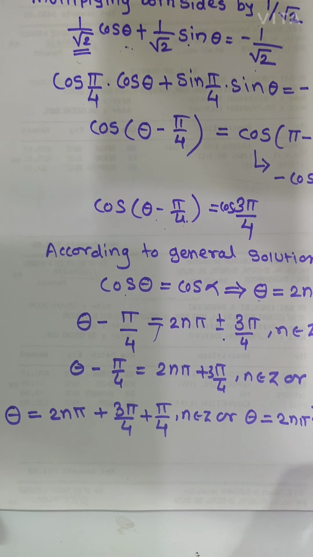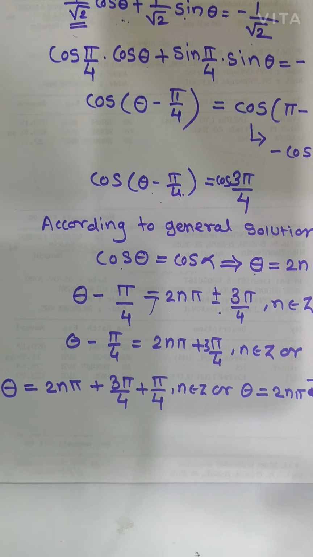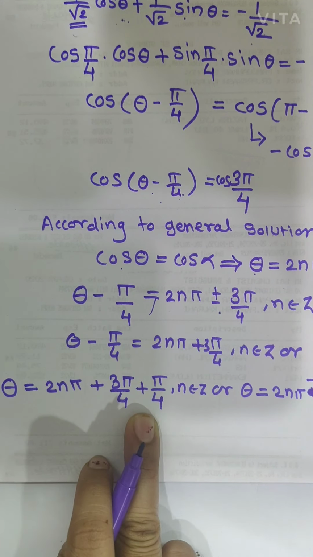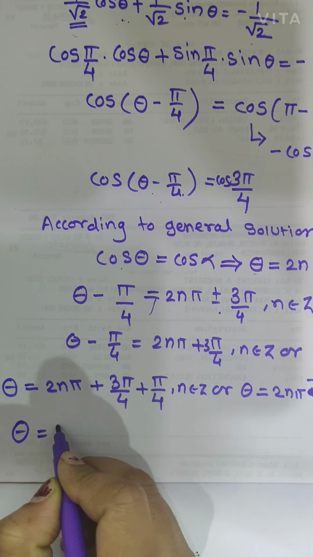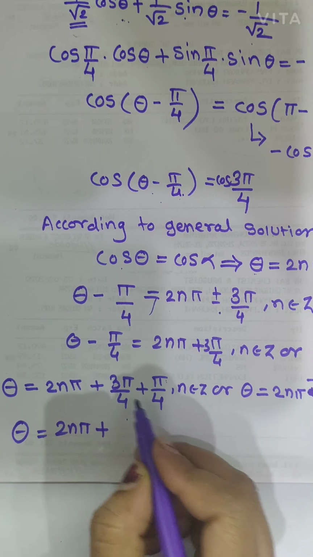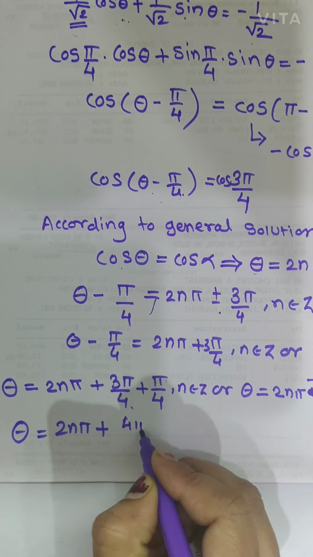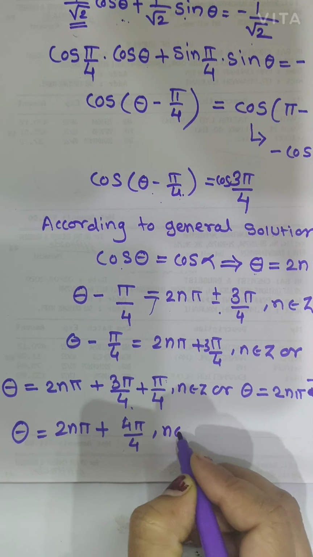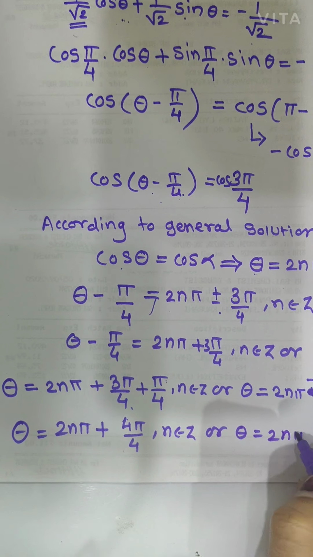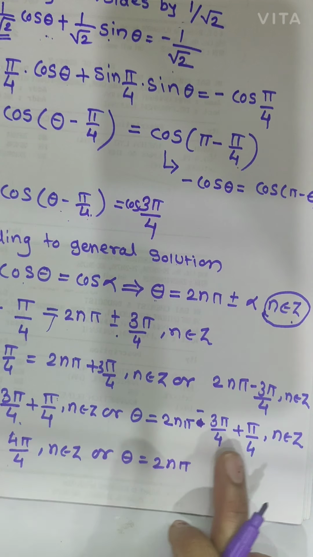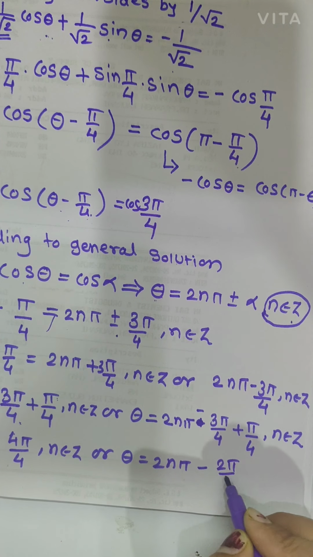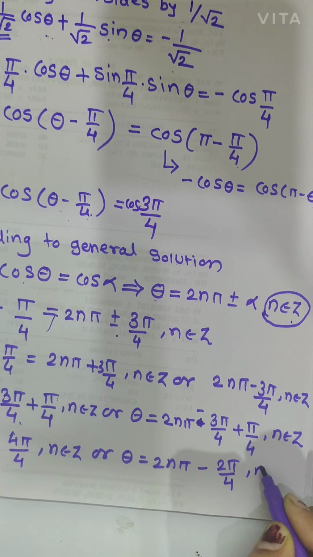Okay, now next, after substitution, theta is equal to twice of n pi plus 3 pi plus pi, 4 pi upon 4, where n belongs to z, or theta is equal to twice n pi, here minus 3 pi plus pi, it means minus 2 pi by 4, where n belongs to z.